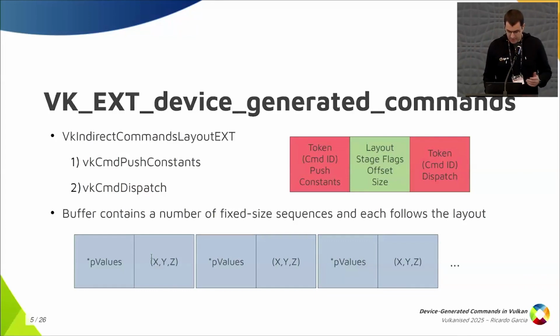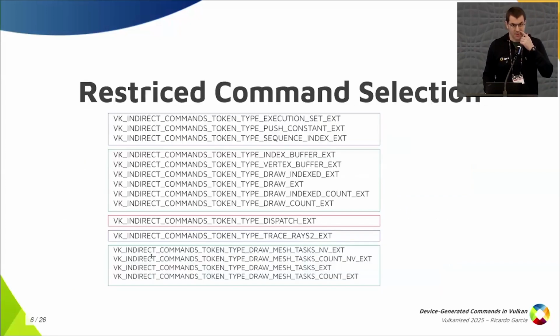The second thing that Vulkan does to be able to make this work is that we limit a lot what you can do with device-generated commands. There are a lot of things you cannot do. In fact, the only things you can do are the ones that are present in this slide. You can, for example, update push constants, bind index buffers and vertex buffers, and draw in different ways, using mesh shading maybe.